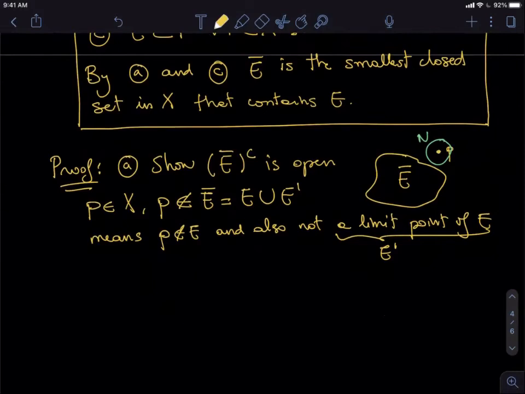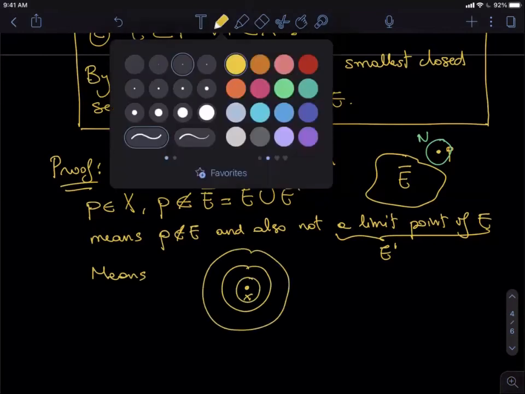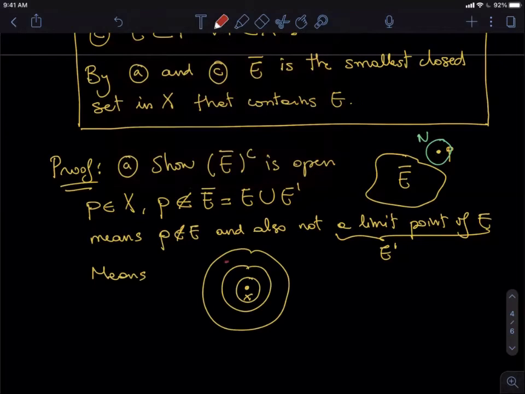Okay, so that means, because it's not a limit point, that a limit point would be some point X such that for whatever neighborhood I take, there will be a sequence of points.